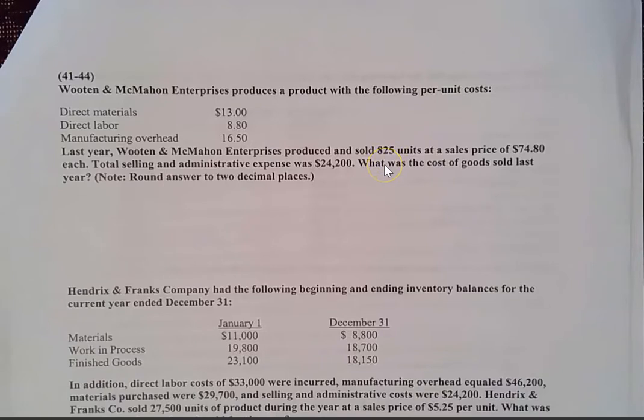Well, this is easy. They're telling us exactly how many were sold, 825, and then how much they sold them for. They even give us total selling and administrative costs. And then they want to know what was the cost of goods sold last year.